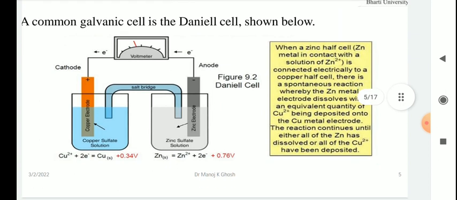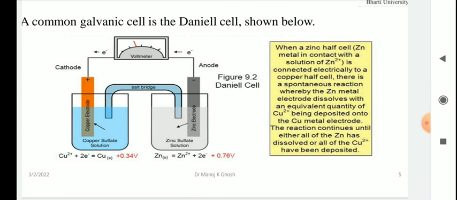Here, from the anode, electrons flow towards the cathode, and the EMF generated at the copper is plus 0.34 volt.